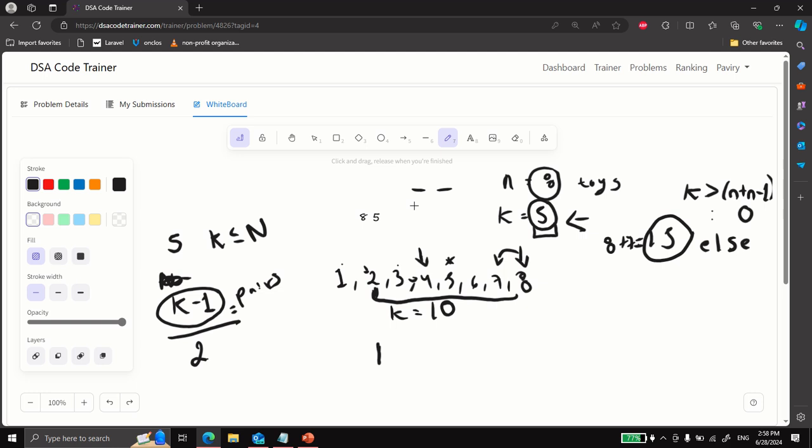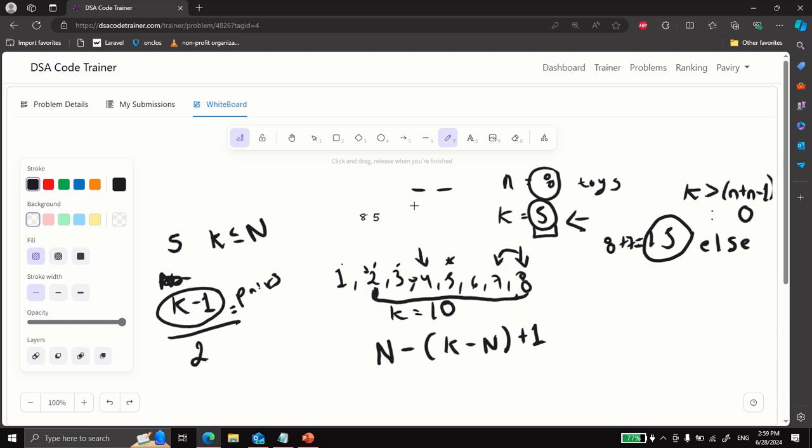We're going to check that n is less than k minus n plus 1. But let's see how we are getting this, because here let's count our numbers.